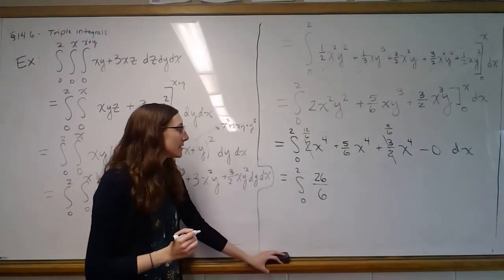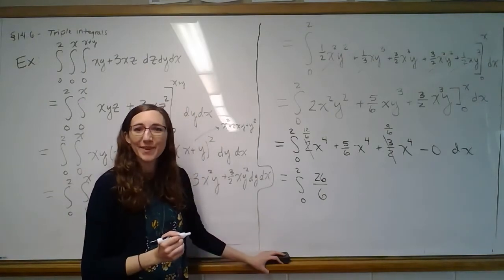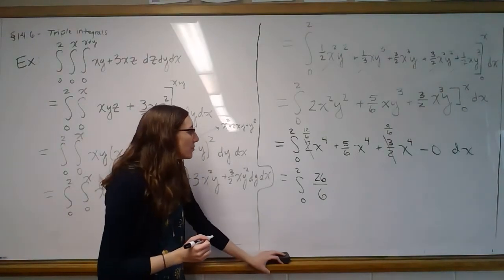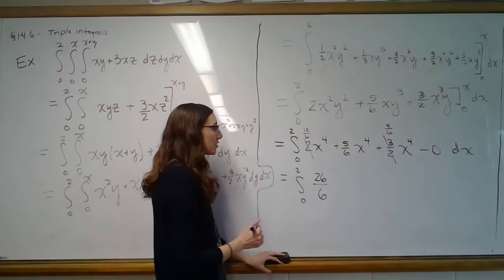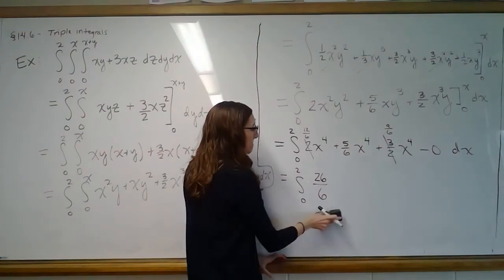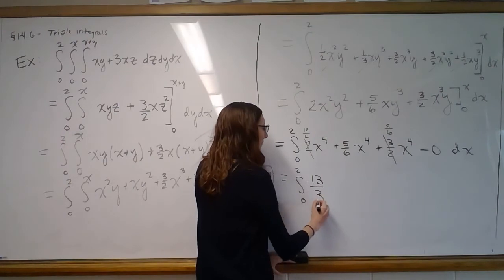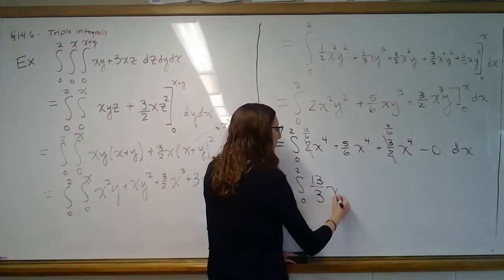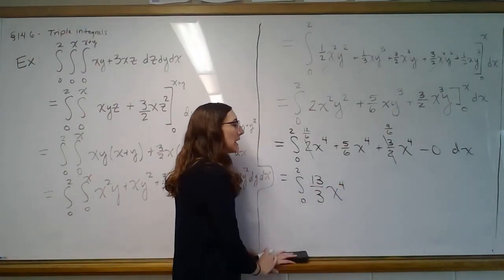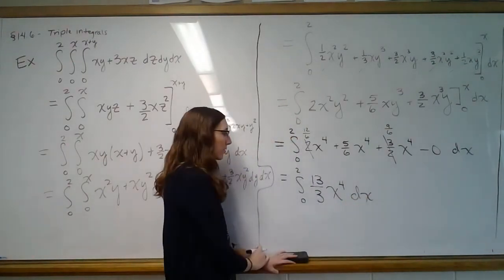Let me add it a different way and make sure that we got the same thing. Yeah, because 12 and 9 would be 21, and then 5 would make 26. Which then we can reduce by subtracting a 2, so really we could reduce that to 13/3. And then this was all x to the 4th, and this is dx.